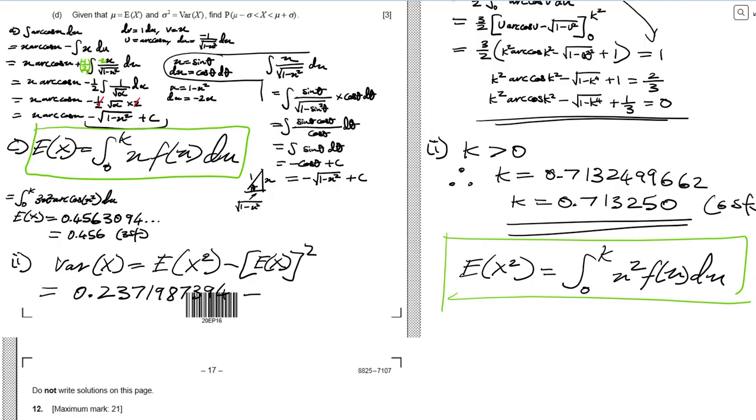You guys can check against that. And then we just square what we got here, so 0.456 dot dot squared, and that should give me, let's do answer minus 0.4563094 squared.